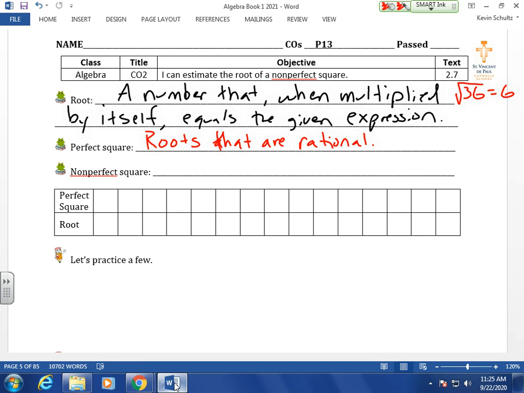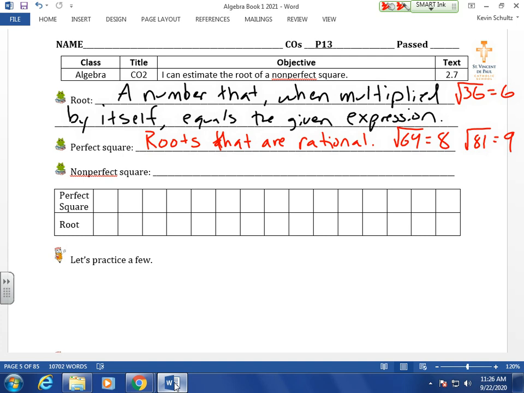Give me another example of a perfect square. Gabrielle. 64. Root of 64, which equals 8. Right? Rational number. Give me another one. Yeah. 81. Root of 81, which equals 9.